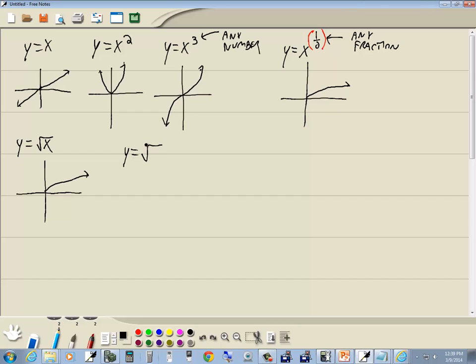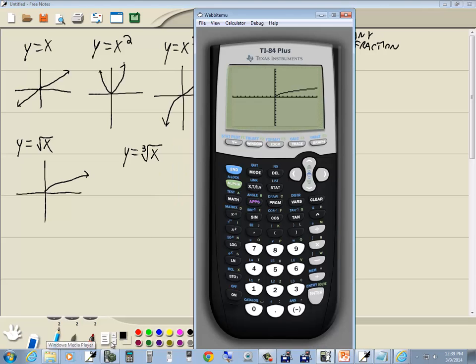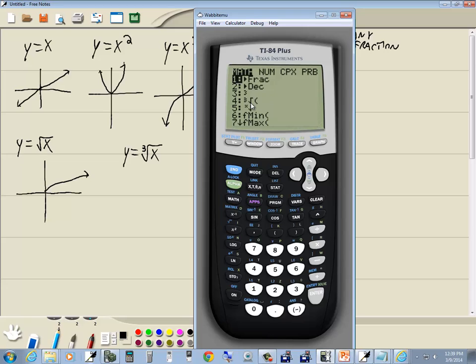Cube root of x is one you often see in algebra. So let's take a look at it. Press my y equals, press my clear to clear whatever's in the line. Now, if you don't see it on a button or above a button, for graphing purposes, you'll find it underneath the math button. So I'll press math. And you see the cube root is the fourth one. So to choose it, I can down arrow to the fourth one and press enter on it. Or you can simply just press the number that's in front of it.